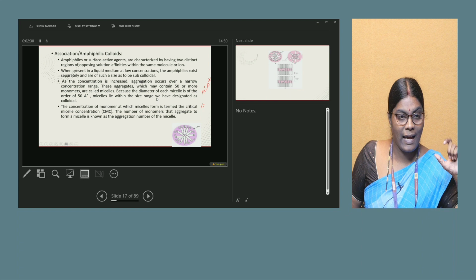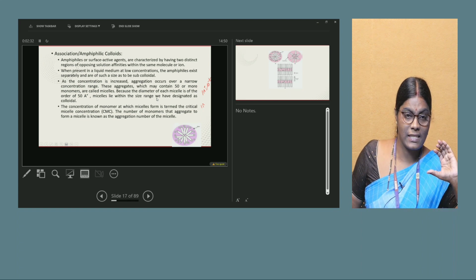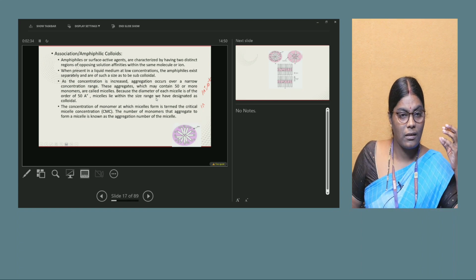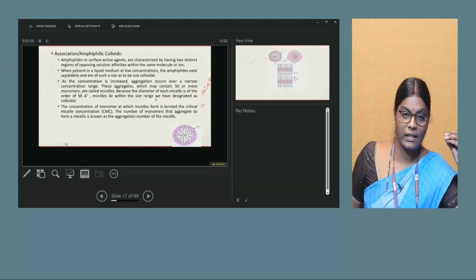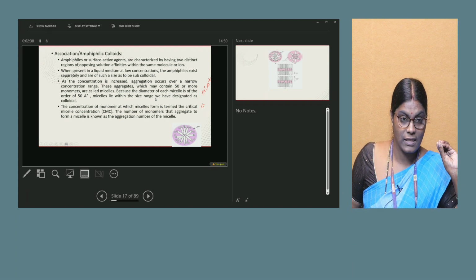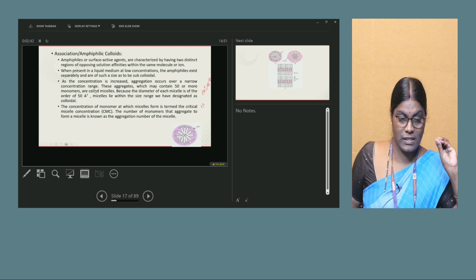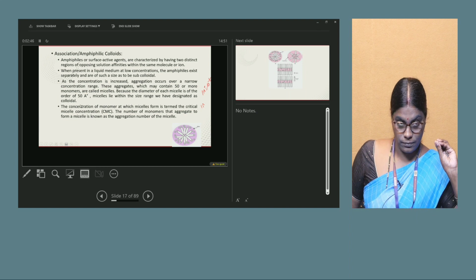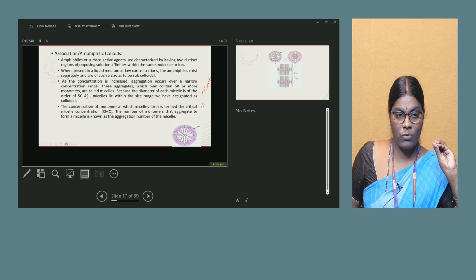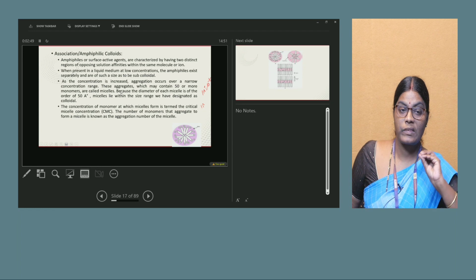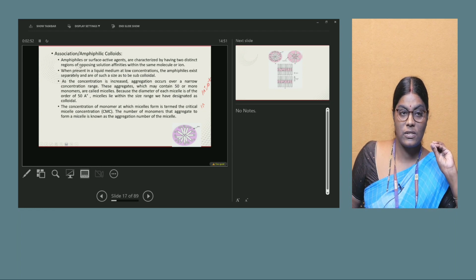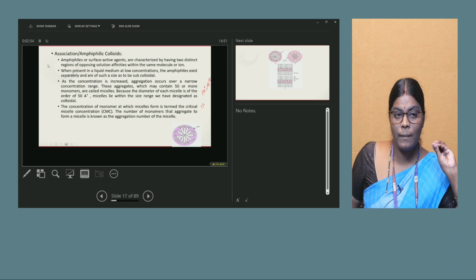Though they are having very fine particle size and they are not following the molecular dispersion characteristics, due to that reason the association colloid means surfactants, the micellars of surfactant molecules, will lie under colloidal particles. So how is the colloidal particle formed by the surfactants?